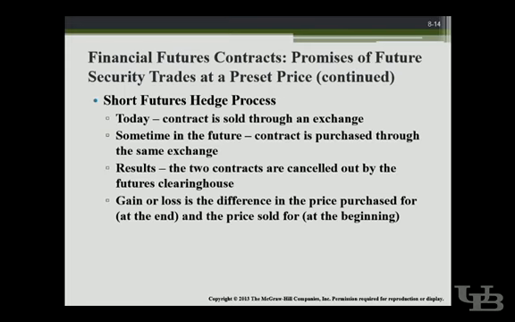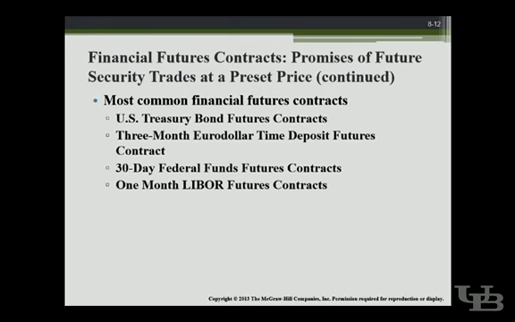When rates are low, the values of these securities are high because they behave inversely. So today the values of the securities are high based upon current market rates. If market rates were to rise, which they are expected to, the values of the securities will fall.